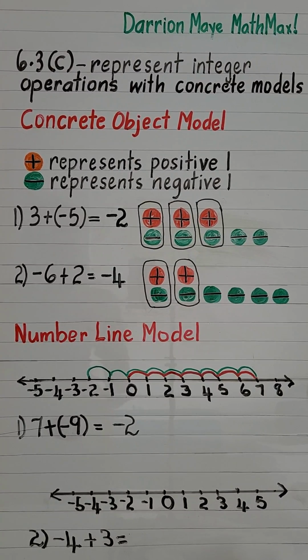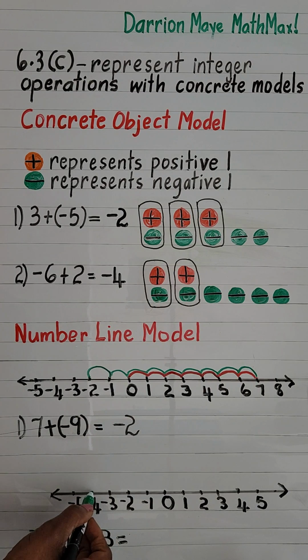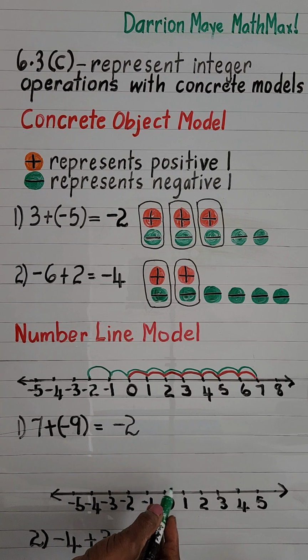And we have a second example using the number line model, and that is -4. So -4 will be the green, and we could just put the point right here, but we just want to do the jumps.